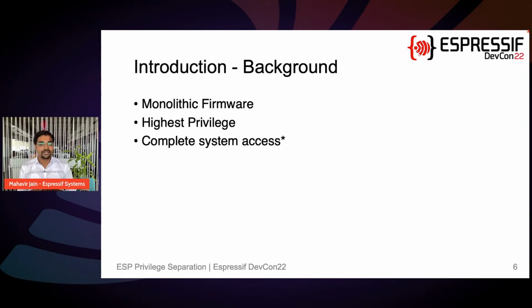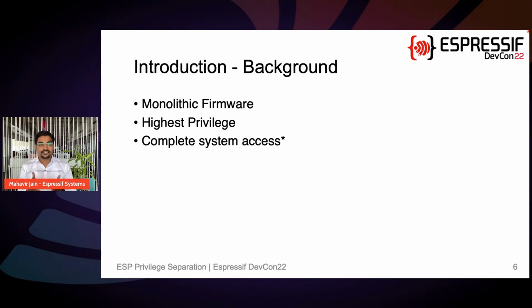Now, there are certain peripherals like the memory protection unit, which have been enabled in ESP-IDF, that can limit the access to certain memory regions. For example, only read and execute permissions for the instruction memory and no write permissions.